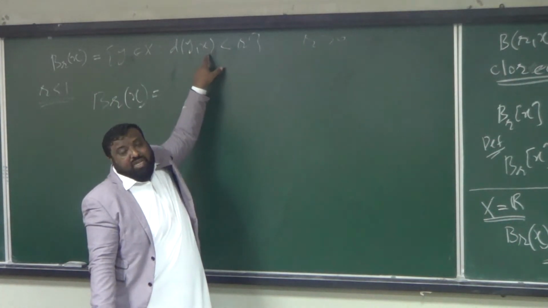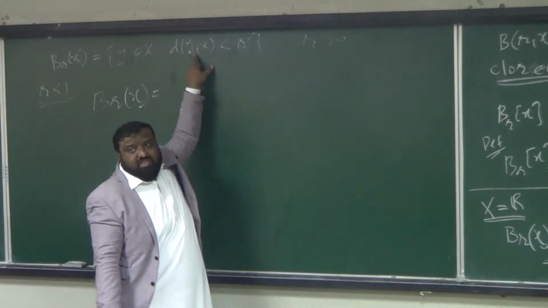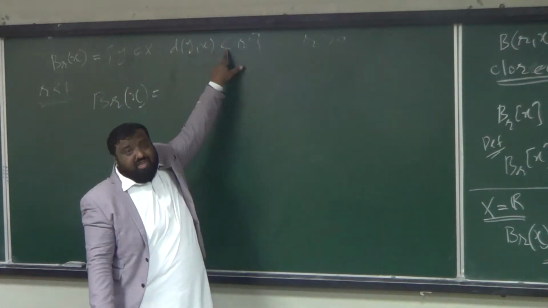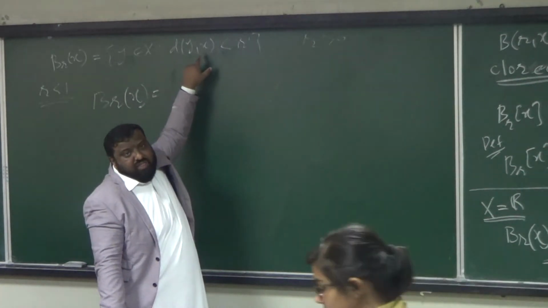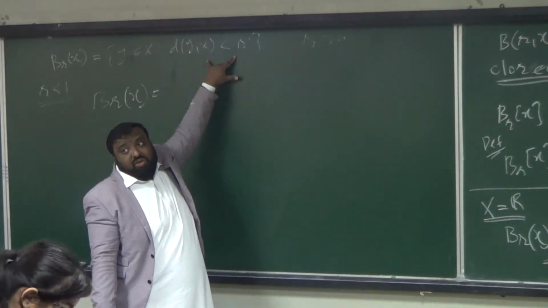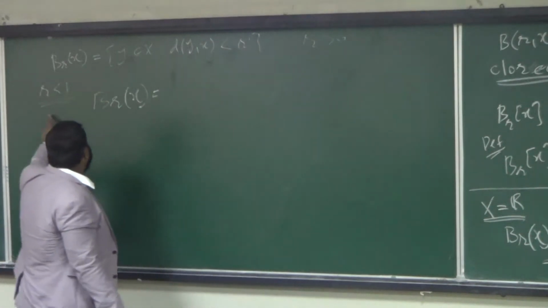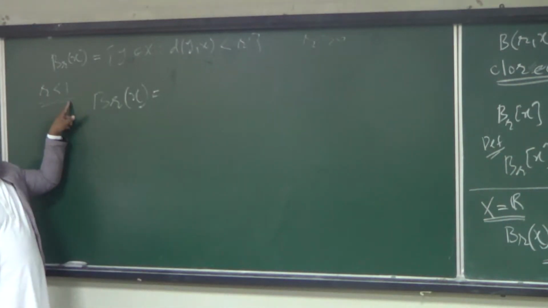Because if you put x here, then the distance between x and x is 0, and 0 is less than r, which is fine, so the inequality is satisfied. If I put anything else than x, then this inequality would not be true. Why? Because 1 can't be smaller than r, which is smaller than 1.